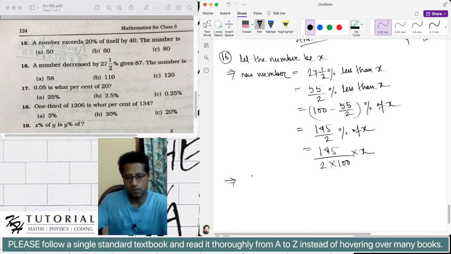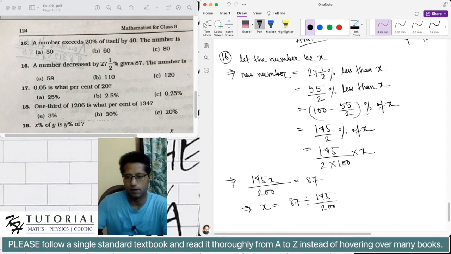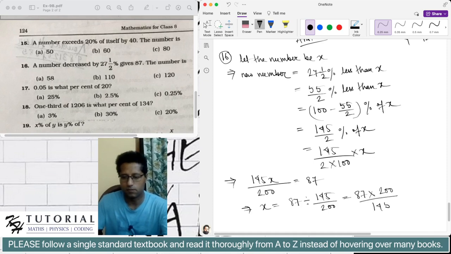So we have 145x by 200 is equal to 87. So x will be equal to 87 divided by 145 by 200, which is equal to 87 multiplied by 200 divided by 145.